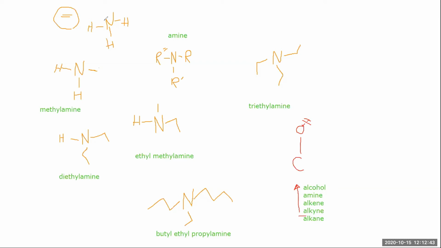But it all stems from there. So amine comes from that ammon. And so let me explain this as well. This guy would be called a primary amine, because there's only one thing attached to the N. And this will be a tertiary amine, meaning three things are attached to it.